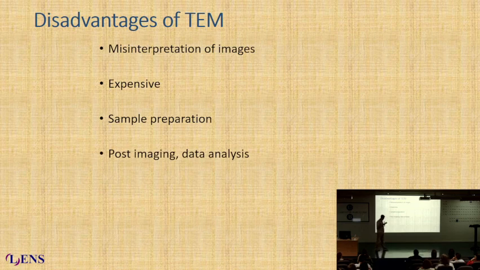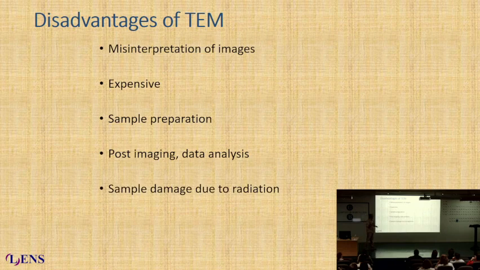As I was showing you, in a transmission electron microscope, you don't get ready-made results. What you get is just data. You must know how to analyze your data and come up with conclusions. That is also very important. So you do need to learn data analysis, how to do it. And many times your samples may be very prone to the high velocity of the electrons hitting them, so your sample may get damaged as well.